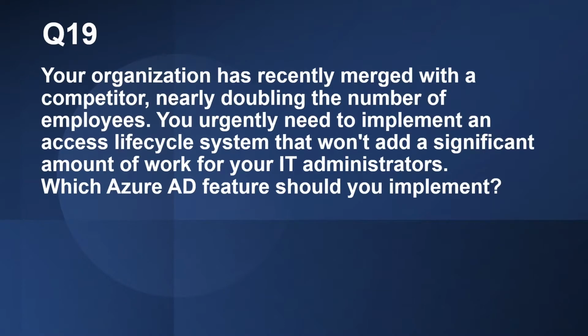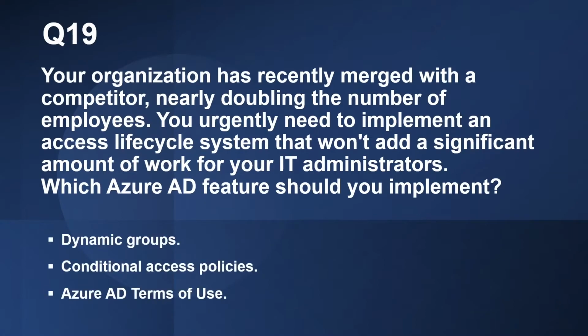Question number 19. Your organization has recently merged with a competitor, nearly doubling the number of employees. You urgently need to implement an access lifecycle system that won't add a significant amount of work for your IT administrators. Which Azure AD feature should you implement?